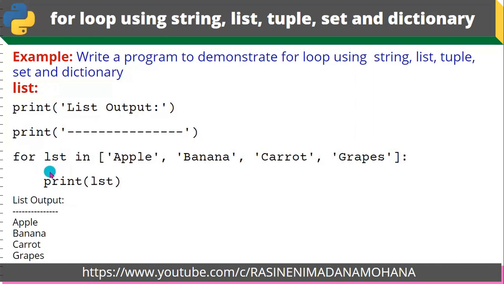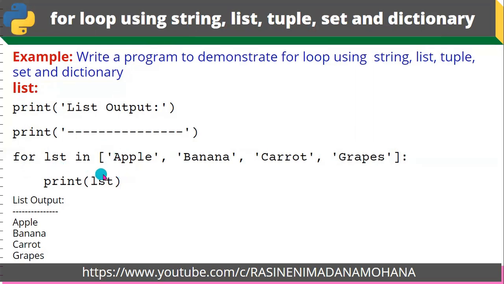We can't take list, that is a reserved keyword actually. All these data types, string denoted by str, list, tuple, set, dictionary, dic, are reserved keywords. So we can't take reserved keywords as variable names. So LST is the list name.